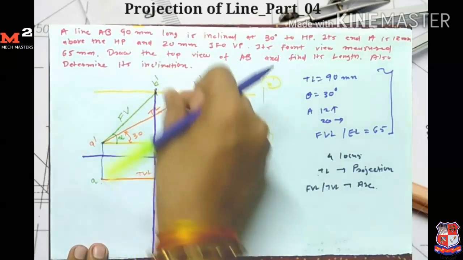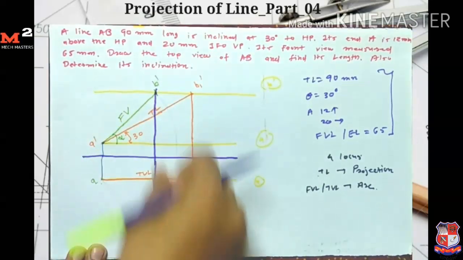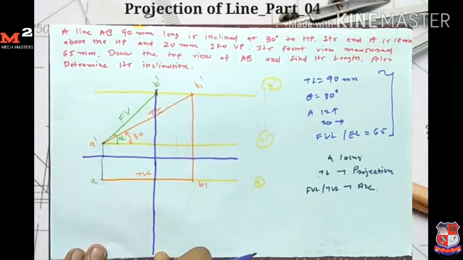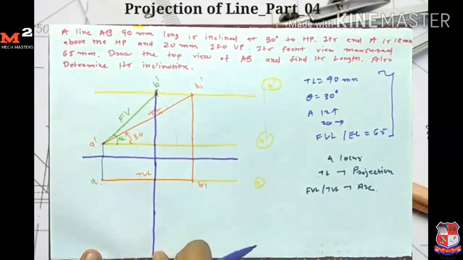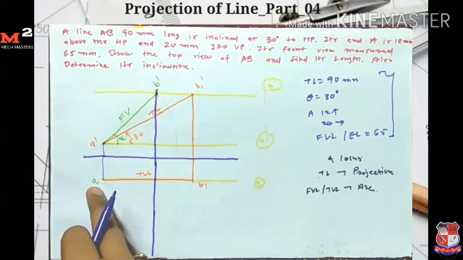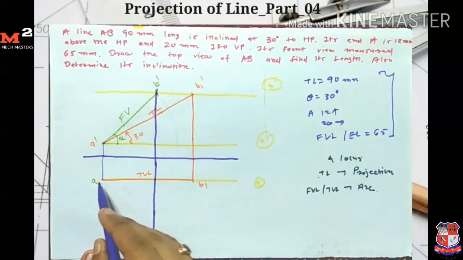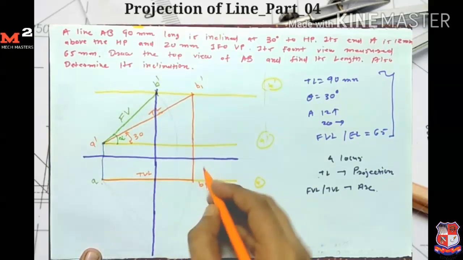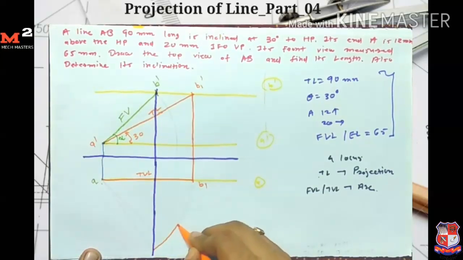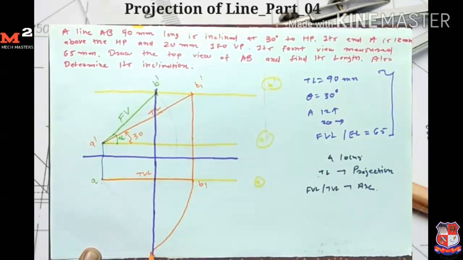So from the B dash point I draw one vertical line, so I get my B point on this line. Now for finding the point B, I have two conditions. I get the B point on this vertical line and its distance from point A is equal to the top view length. So I take A as a center and A B1 as a radius. I draw one arc which intersects here. Okay, so here I get my point B.